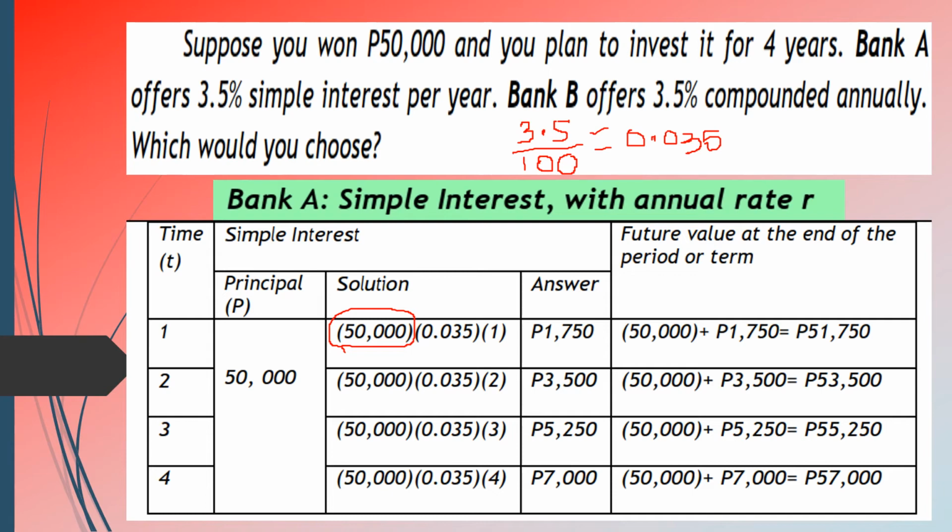The interest there is 1,750. 50,000 plus the interest of 1,750 is equal to 51,750. Until on year 4, it has a future value of 57,000 pesos.